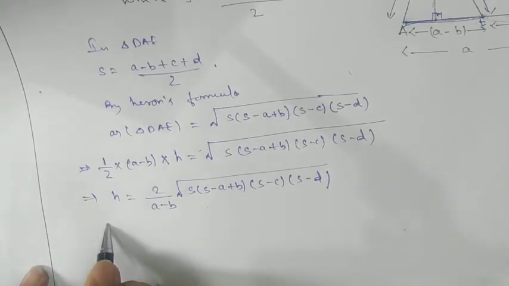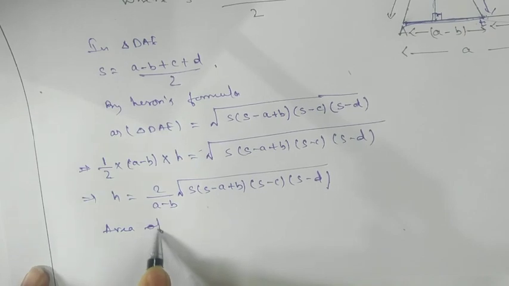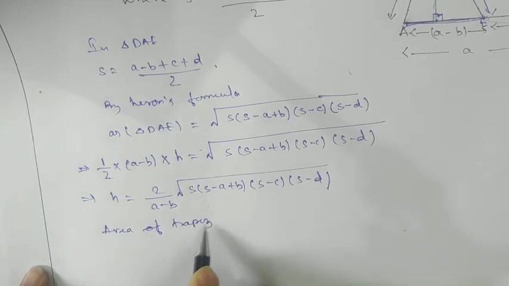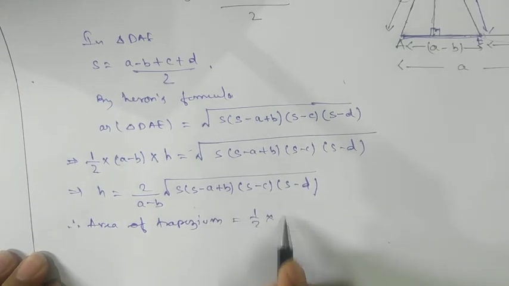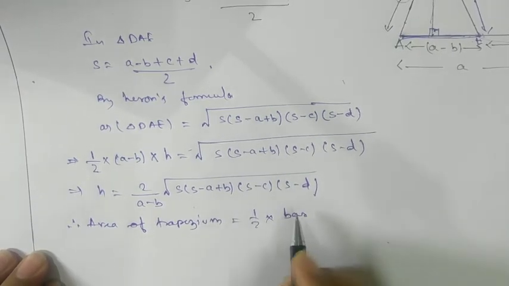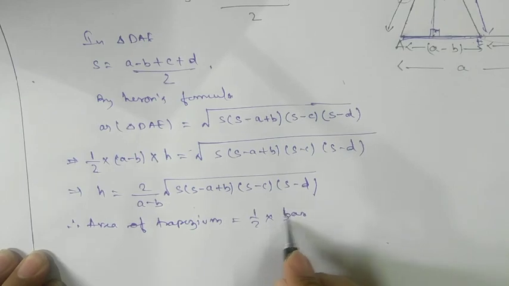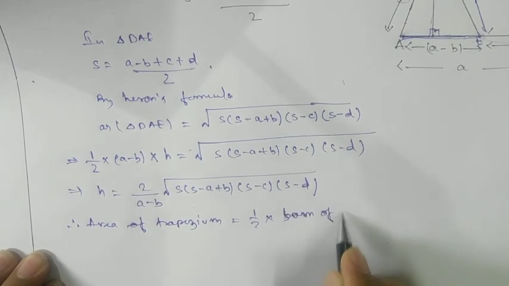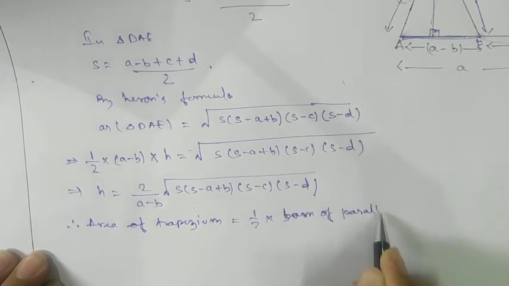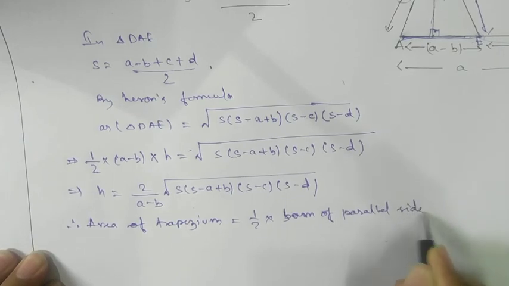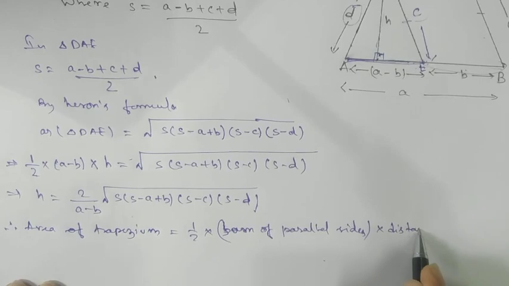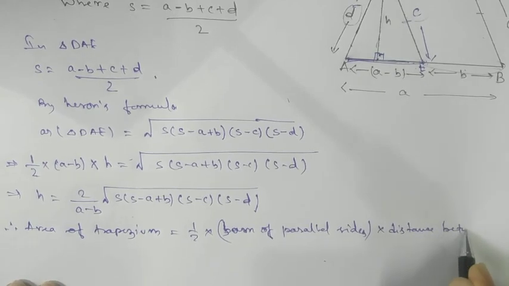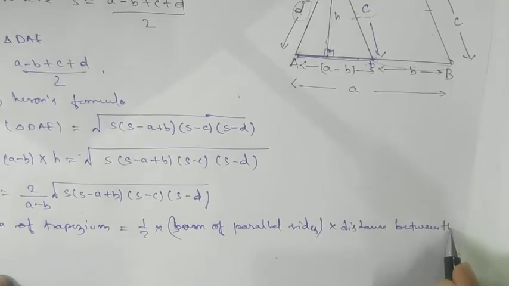Now we know the area of trapezium. Therefore, area of trapezium can be written as half into sum of parallel sides into distance between them.